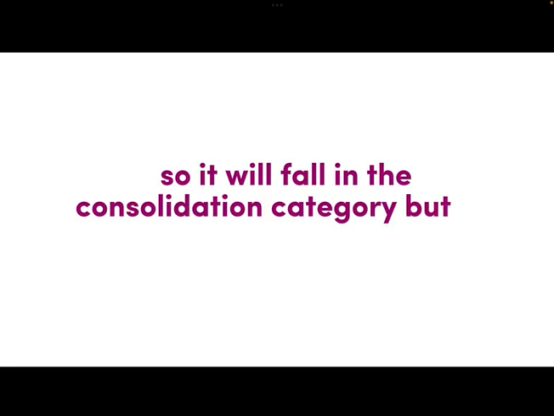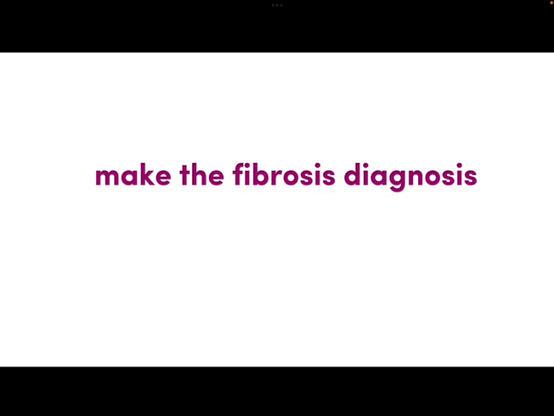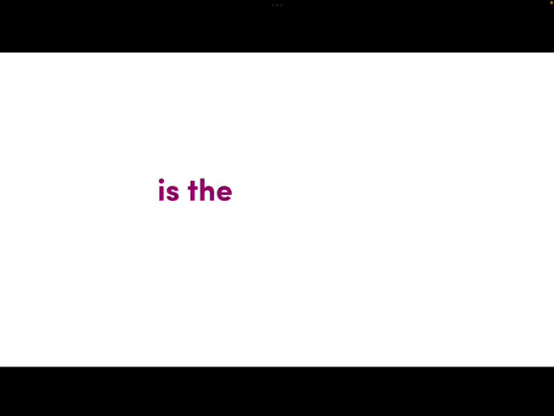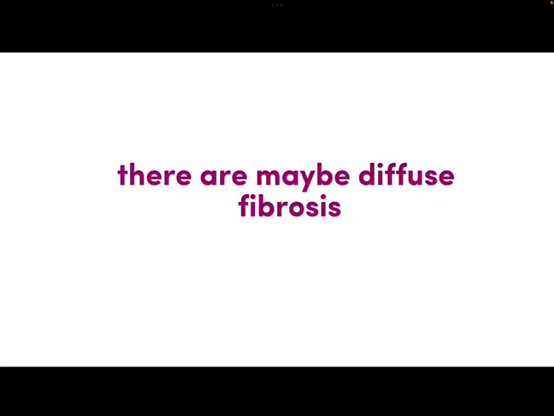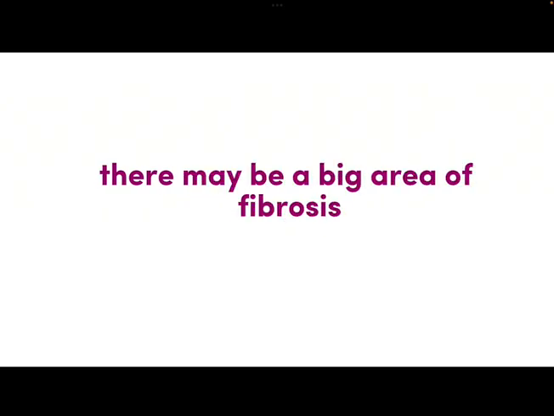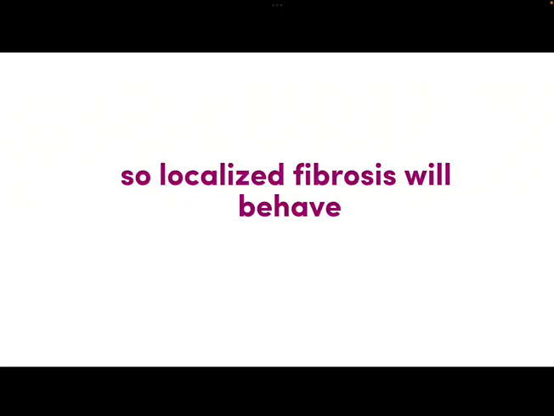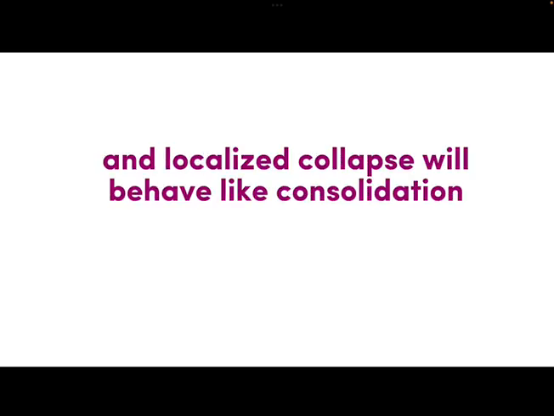So it will fall in the consolidation category. But the thing that will actually make the fibrosis diagnosis very easy is the added sound. There may be diffuse fibrosis, there may be a big area of fibrosis. So localized fibrosis and localized collapse will behave like consolidation.